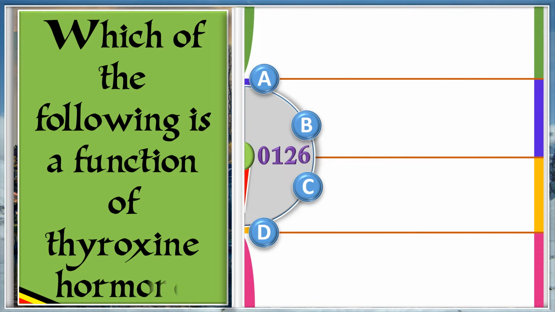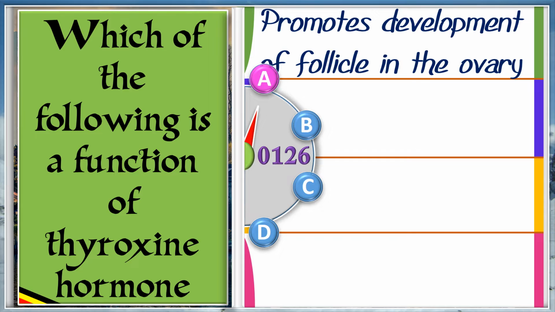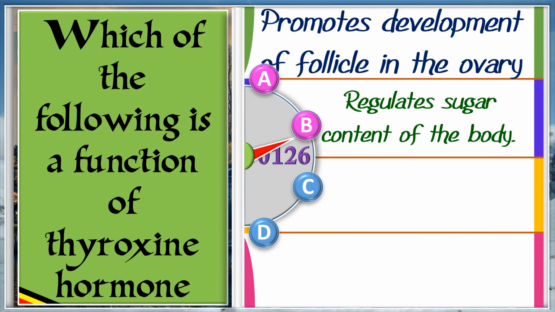Which of the following is a function of thyroxine hormone? A. Promotes development of follicle in the ovary. B. Regulates sugar content of the body.